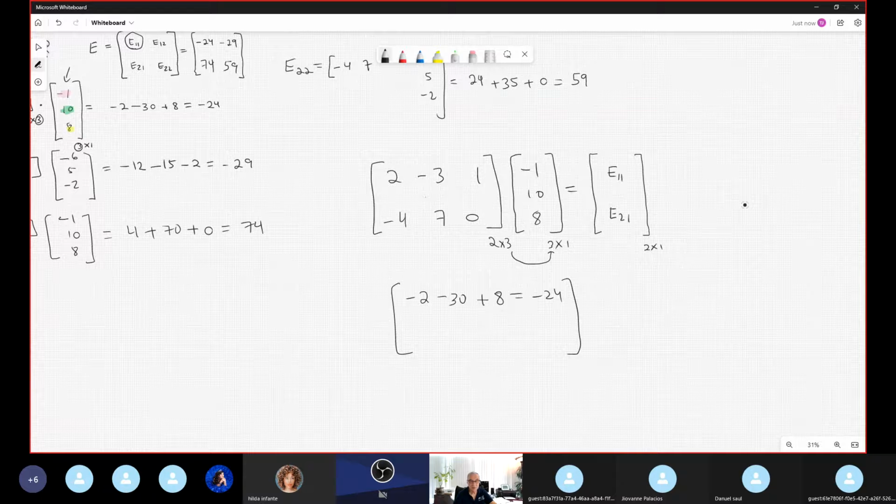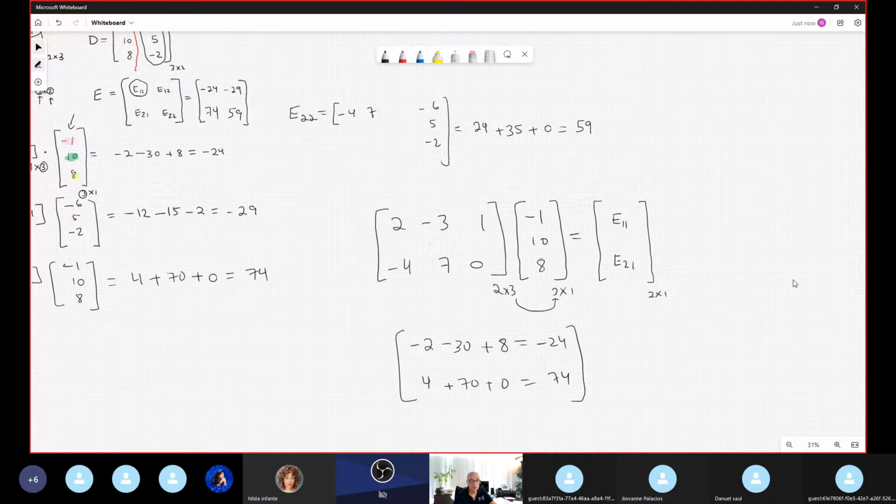And likewise, 4 plus 70 plus 0, 74. And we get exactly the same, but you are doing it column by column. I suppose it's not necessary to repeat this again because it's the same thing. It's another organization. So I make a partition of the second matrix by column.